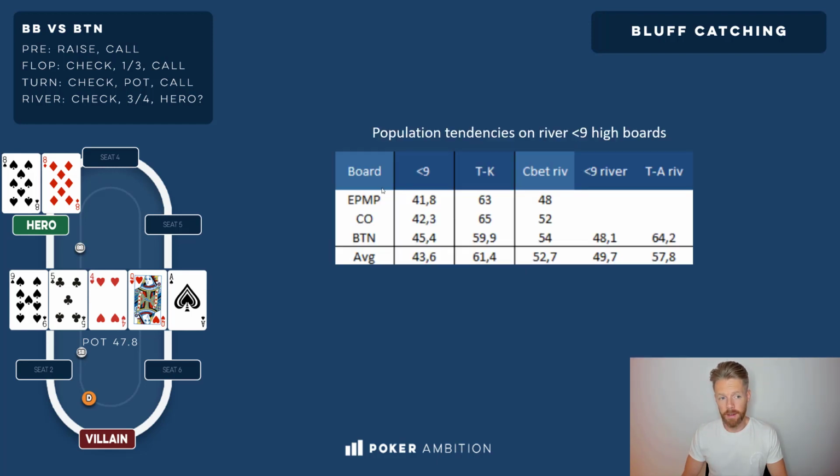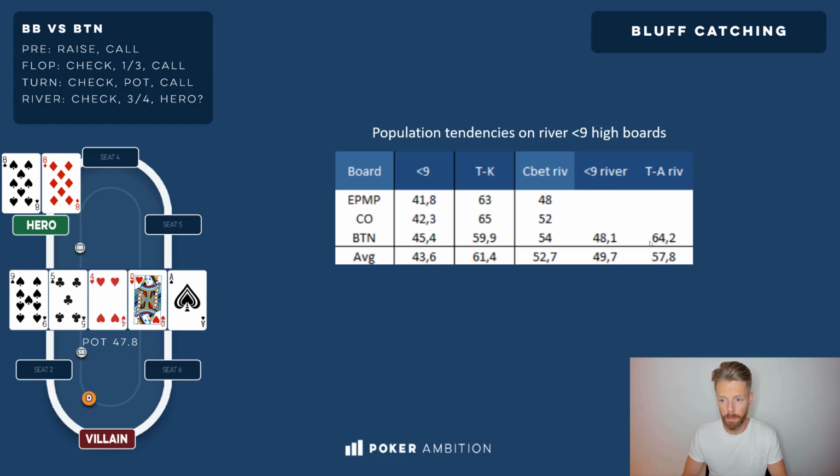If we look again at what population is doing, we can see the same trend as on the turn. When a high card comes on the river, compared to a low card, barrel frequencies go up. Like I said, this is quite natural. I think it shouldn't be a surprise that we see this. Here on the ace river, this is the exact texture: low board, high turn, high river.